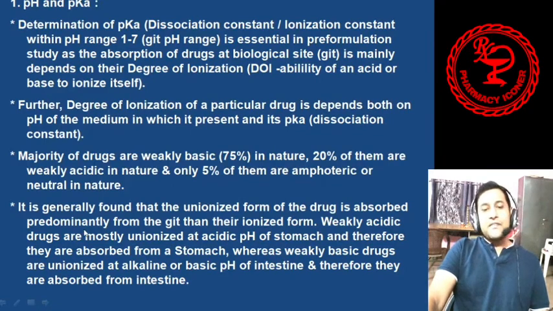It is generally found that the unionized form of the drug is absorbed predominantly from the gastrointestinal tract compared to the ionized form. Weakly acidic drugs are mostly unionized at the acidic pH of stomach and therefore they are absorbed from stomach, whereas weakly basic drugs are unionized at the alkaline or basic pH of intestine and therefore they are absorbed from intestine.